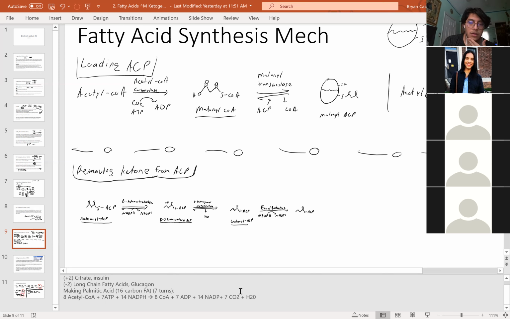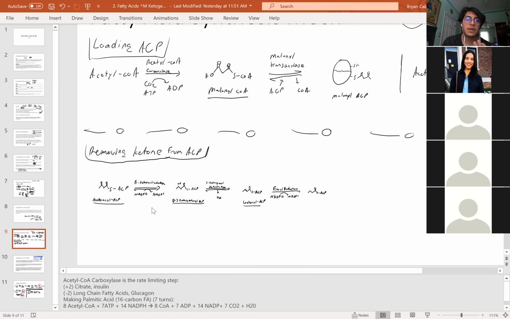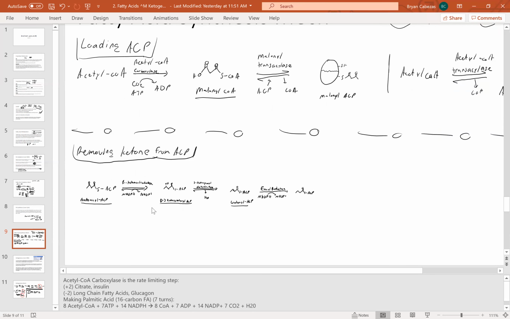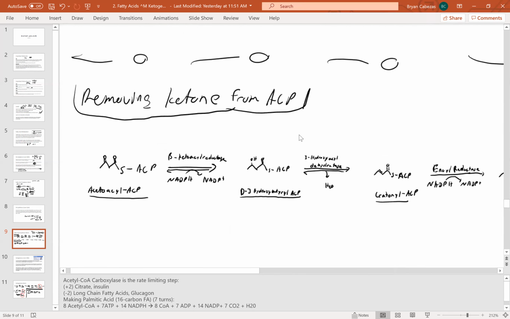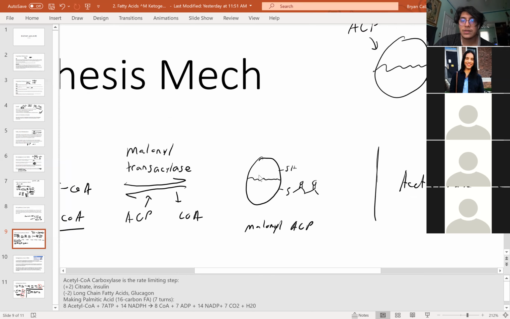All right. So after you've loaded your ACP, the next step would be to remove the ketone from your ACP. Let's say, for example, we have your ACP here, and it's loaded like such.